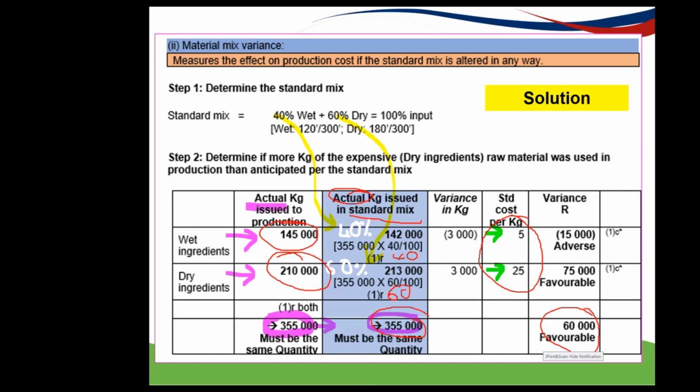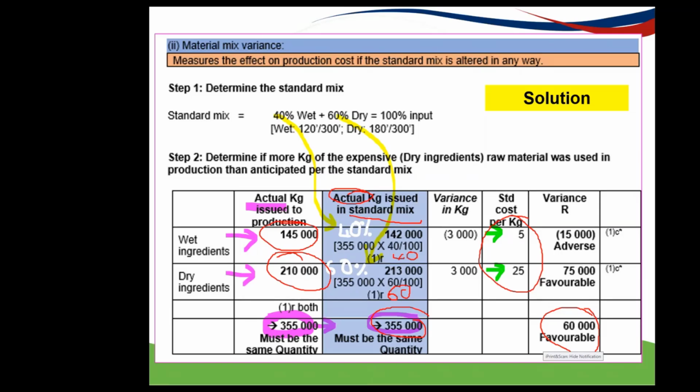But you'll see both have a variance of 3,000. I've used too much of the weight, making it adverse, but I've used less of the dry. So why we're talking about the cheap one and the expensive one is when you look at overall, because of the price variance, I end up with a favorable variance.